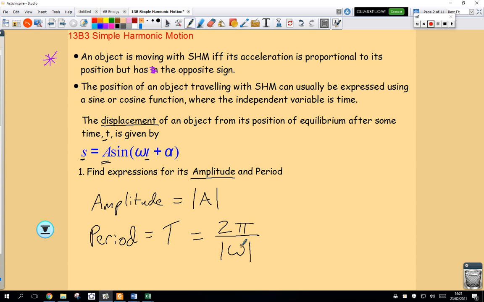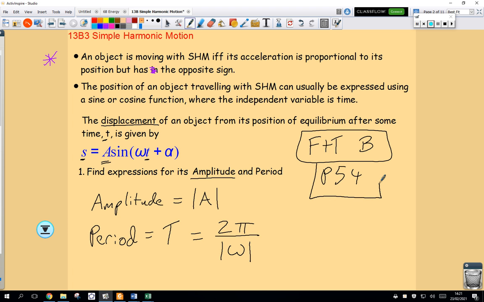Now, the formulas for simple harmonic motion can be found in your formula and tables booklet on page 54. Objects moving with simple harmonic motion can be described with a sine function, but remember that could also be a cosine function.